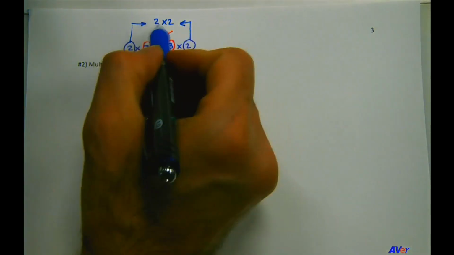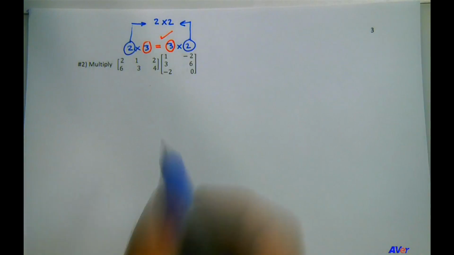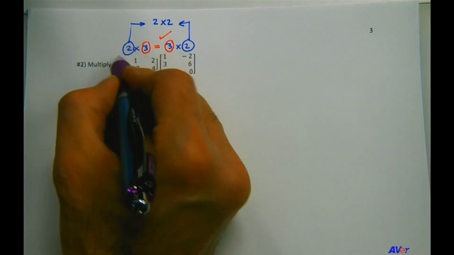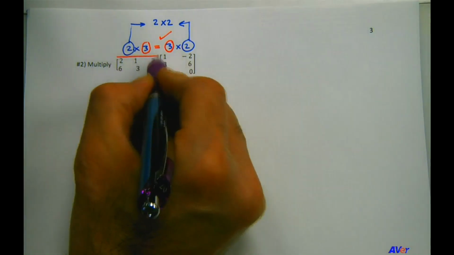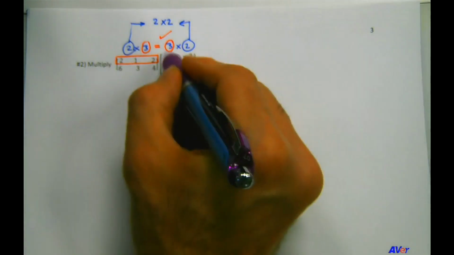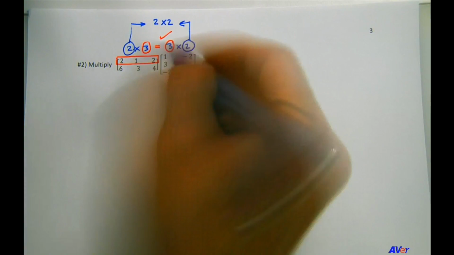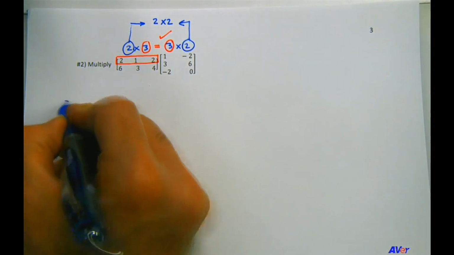Okay, that's the size of the resultant matrix. So let's do what we did before and take the first row, multiply it by the first column and then the second column and add the numbers together. Okay, let's do that here.